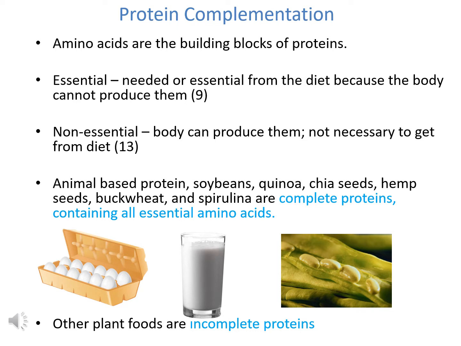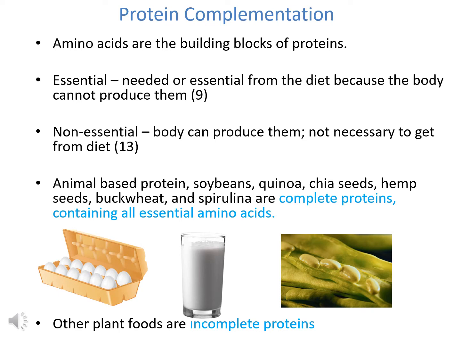Now, animal-based proteins have all of these essential amino acids, and they're referred to as a complete or a high-quality protein. Plant-based foods, on the other hand, there are some which do contain all of these essential amino acids.